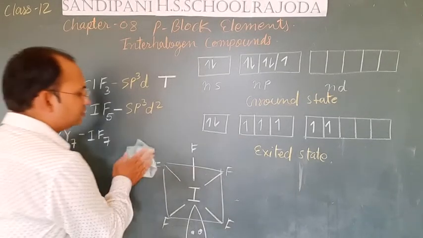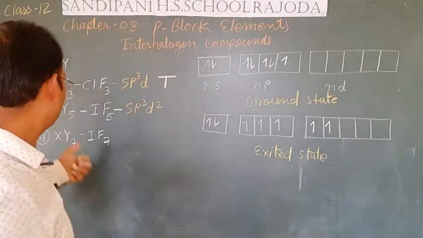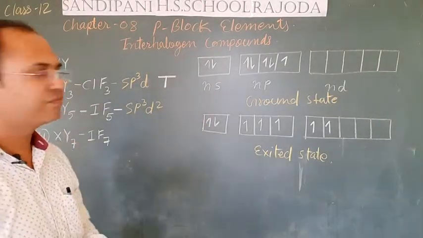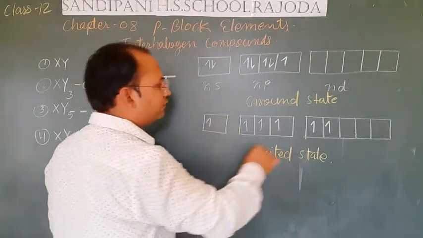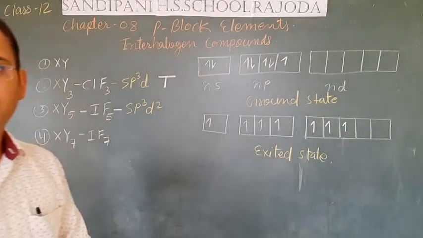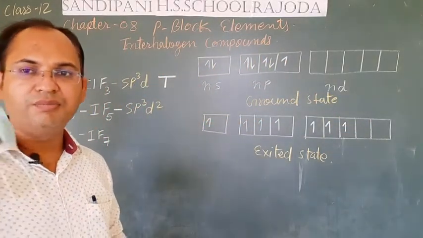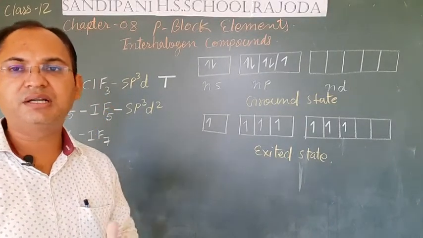Let's see, students, the electronic configuration of IF7. In this, students, there should be 7 fluorine. So in order to connect or make bonds with the 7 fluorine atoms, iodine must have 7 unpaired electrons.